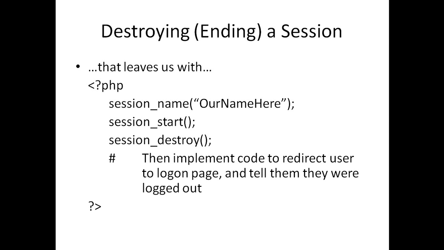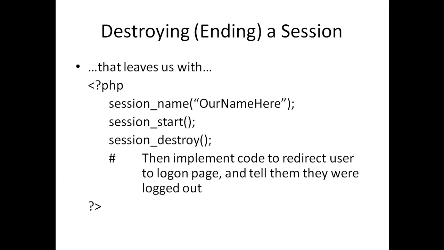One of the ways I like to tell them that they were logged out is I put a variable that gets echoed on the logon page. Of course, it gets sanitized. And then what I do is I set that variable here, either in the redirect, and I tend to use header redirects. I could show header redirects to you.